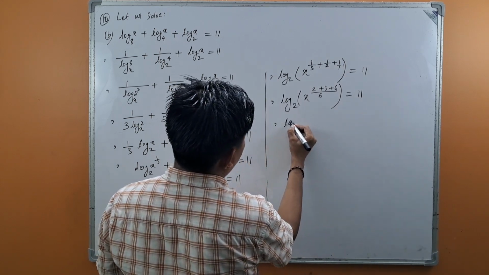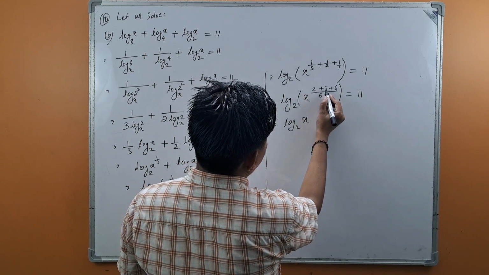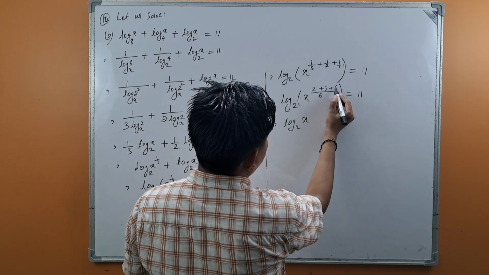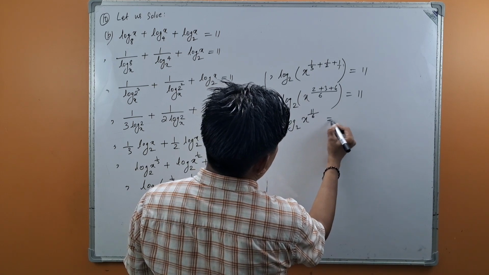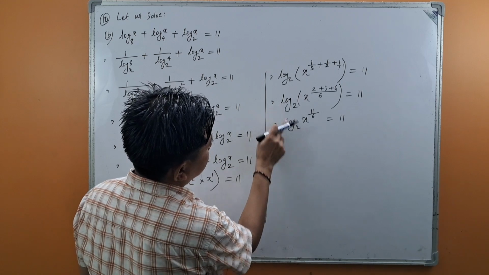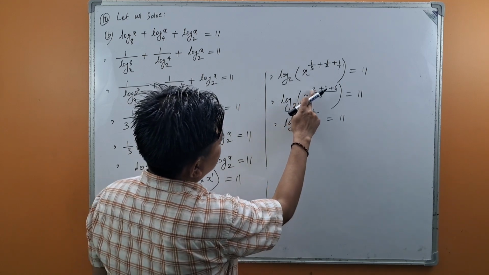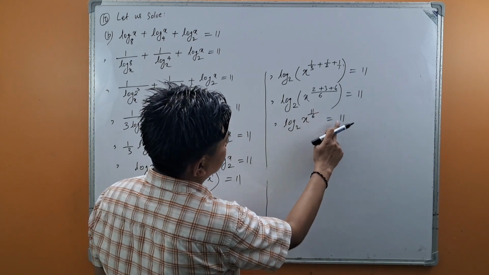Or log base 2 x to the power 2 plus 3 is 5, 5 plus 6 is 11 upon 6, equal to 11.